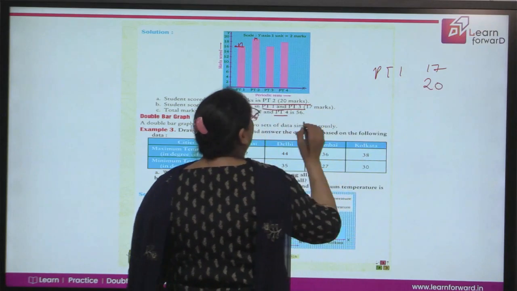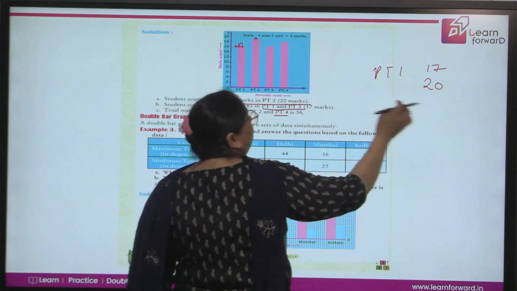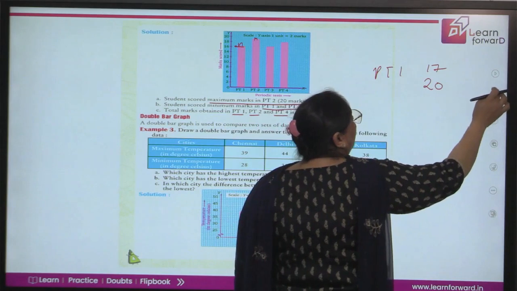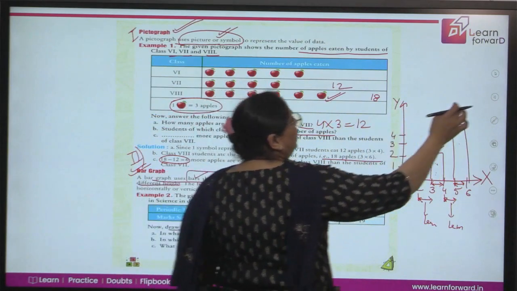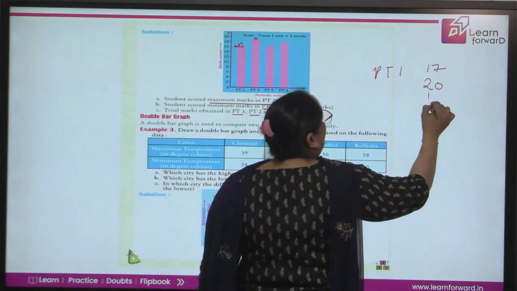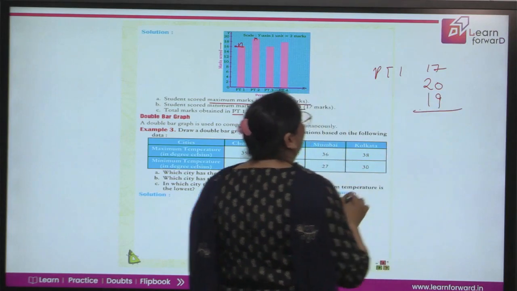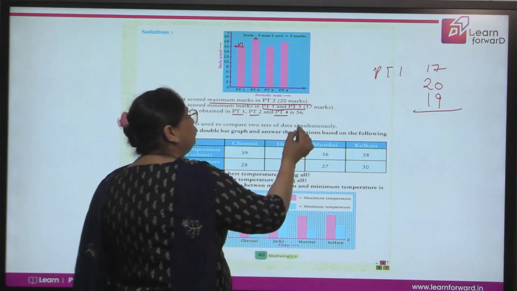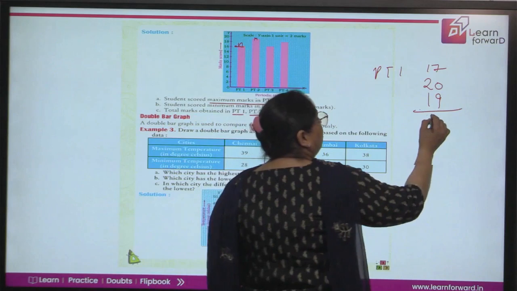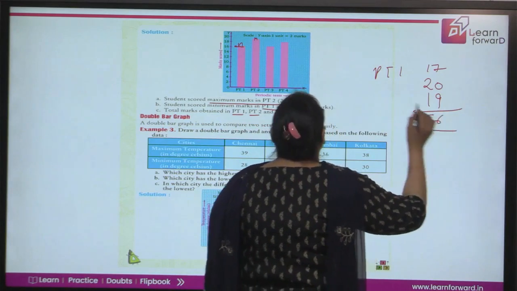And next, PT4, you can see from the bar graph also, is 19. So all of this will give you, after addition, 56, and you can add from the graph also.